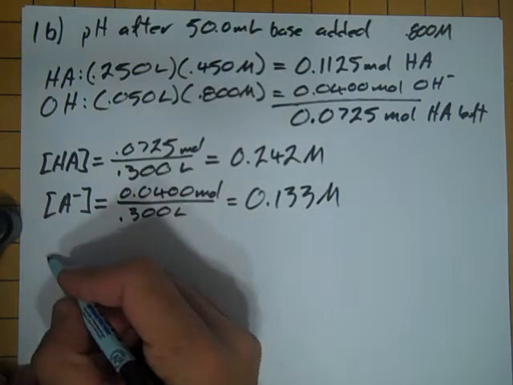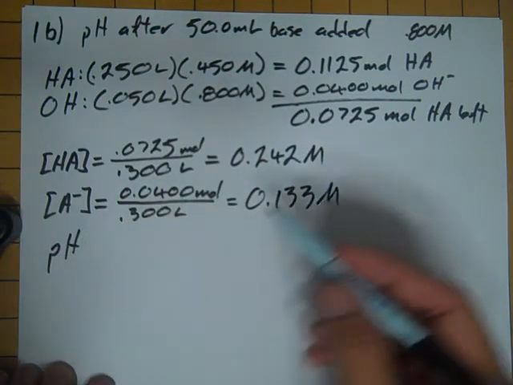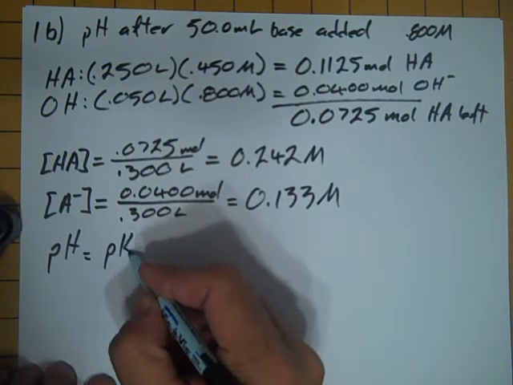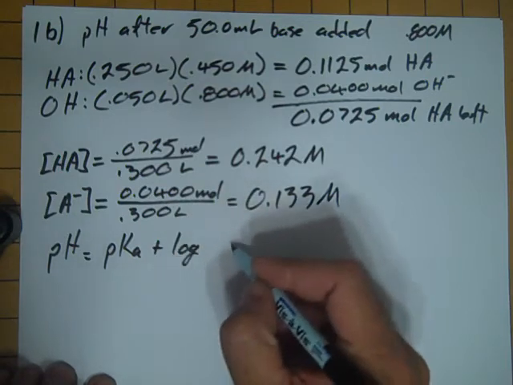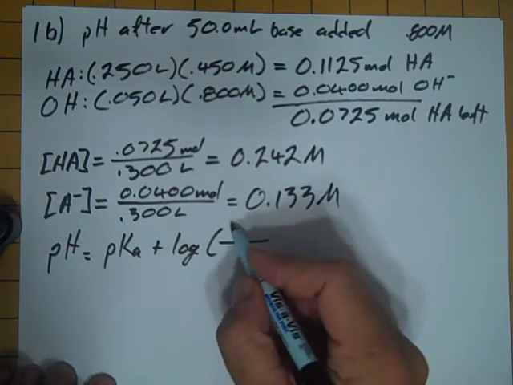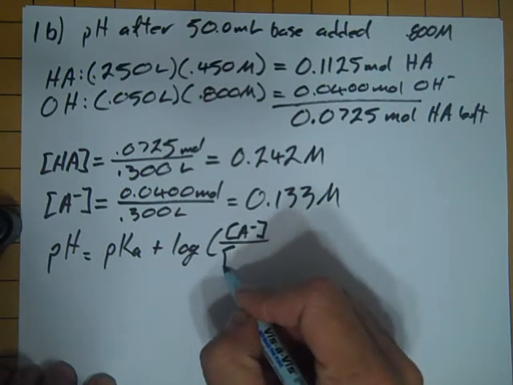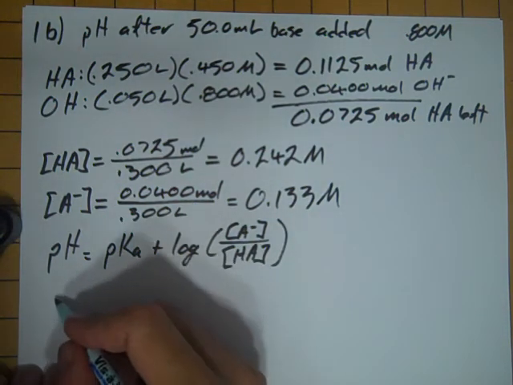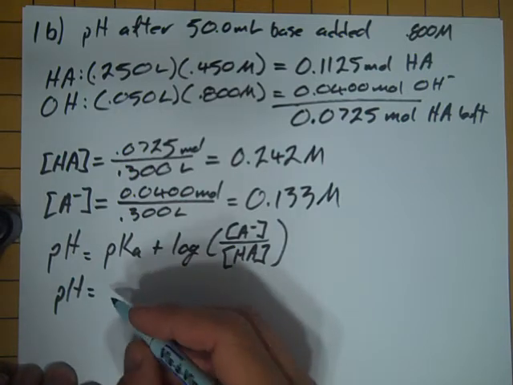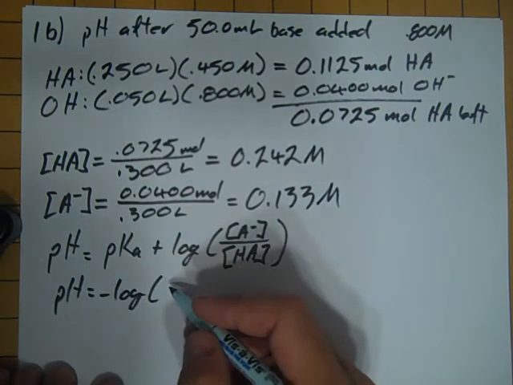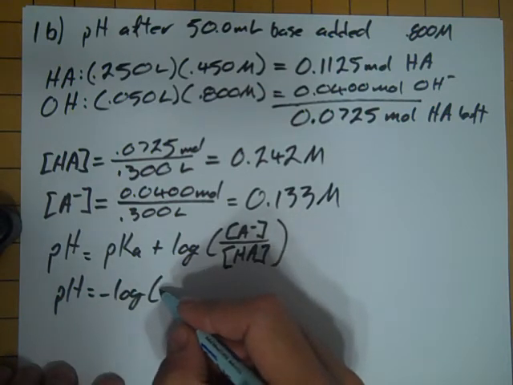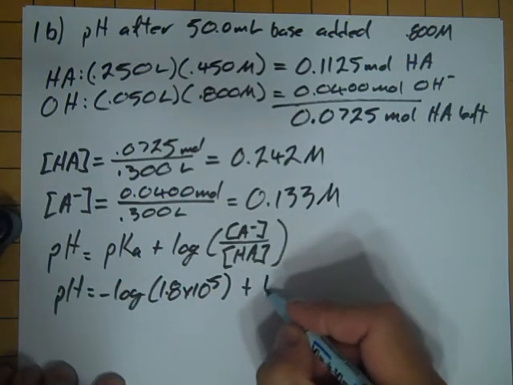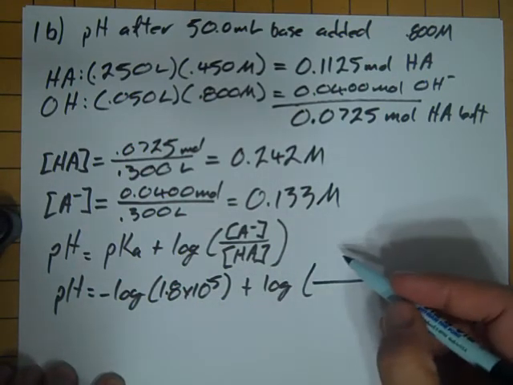Well, now, if I need to find the pH of a system that's got both of these in it, it's just going to be the HH equation, pKa plus the log of the A- over the HA. So that means the pH equals the negative log of the Ka, which was 1.8 times 10 to the minus 5, so that was given in the problem, plus the log of this ratio.